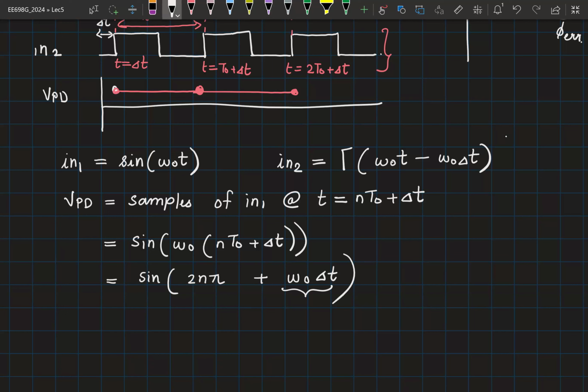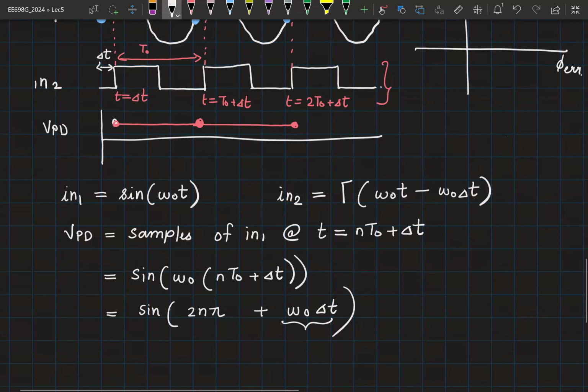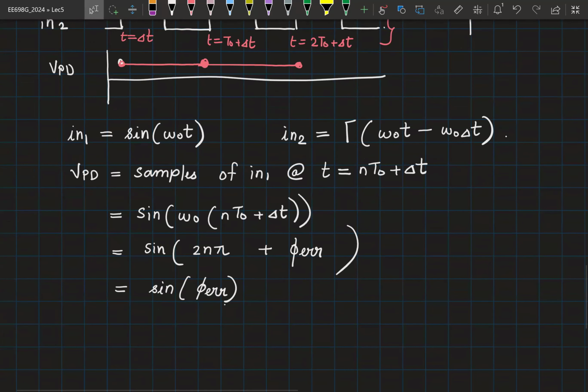If in2 was lagging in1 by delta t, your phase error would have been omega naught into delta t. So this is now your phase error, and I can simplify this expression as sine of phase error. Okay. So quickly calculate the KPD and plot VPD versus phase error.